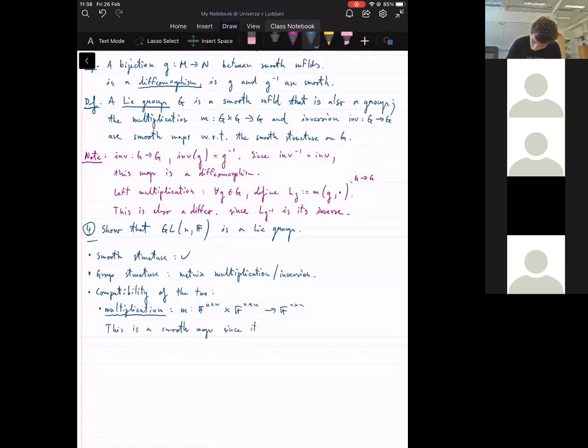Since its components are polynomial functions of the components of the matrices that are being multiplied.